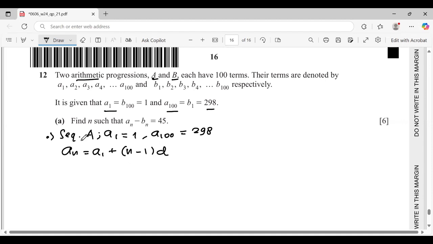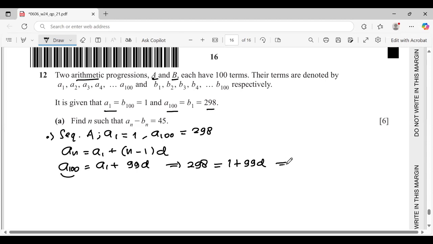If n equal 100, a100 equal a1 plus 99d. So 298 equal 1 plus 99d.